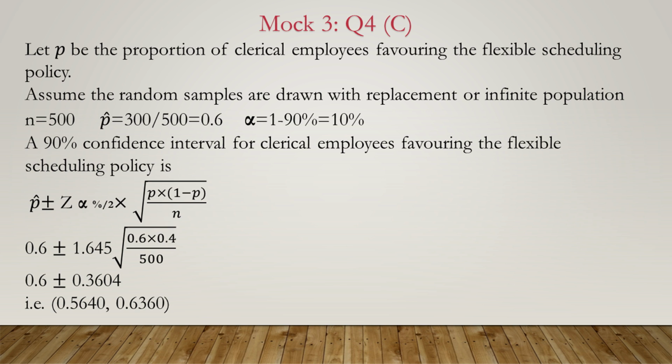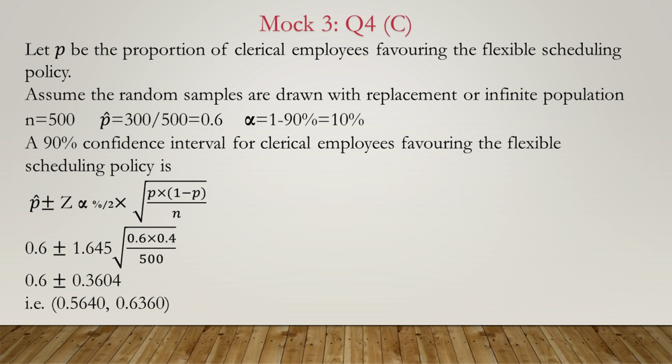Let P be the proportion of clerical employees favoring the feasible scheduling policy. Assume the random samples are drawn with replacement or infinite populations.